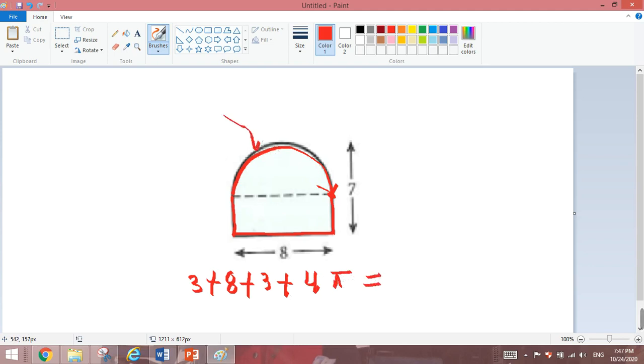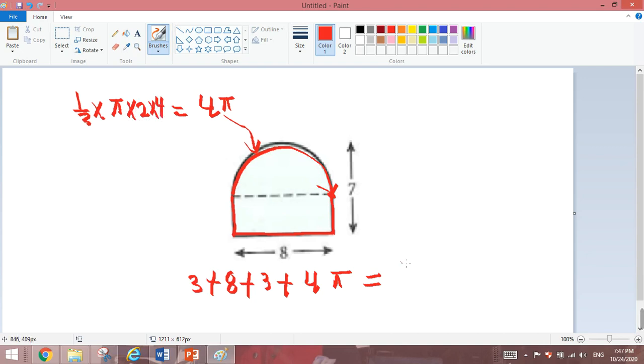So the length of this arc is 4 pi, which is equal to half times pi times 2 times r, which is 4.